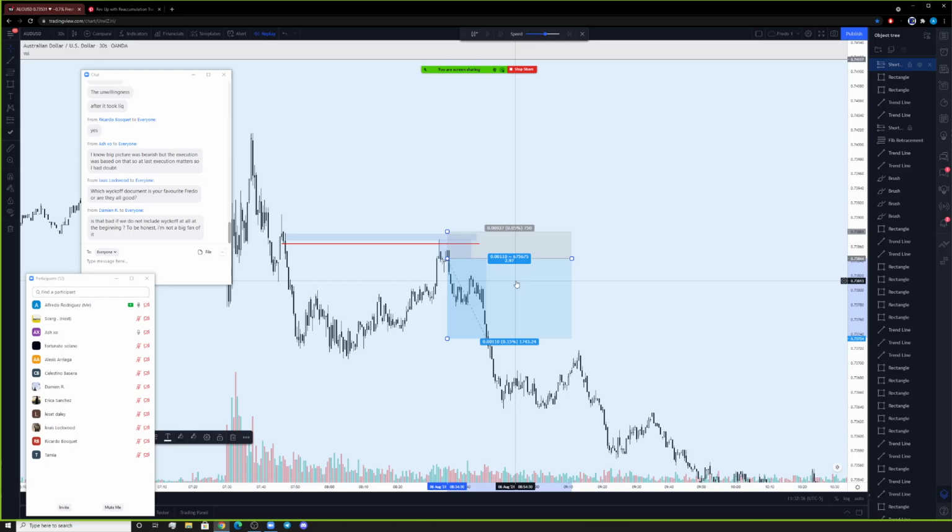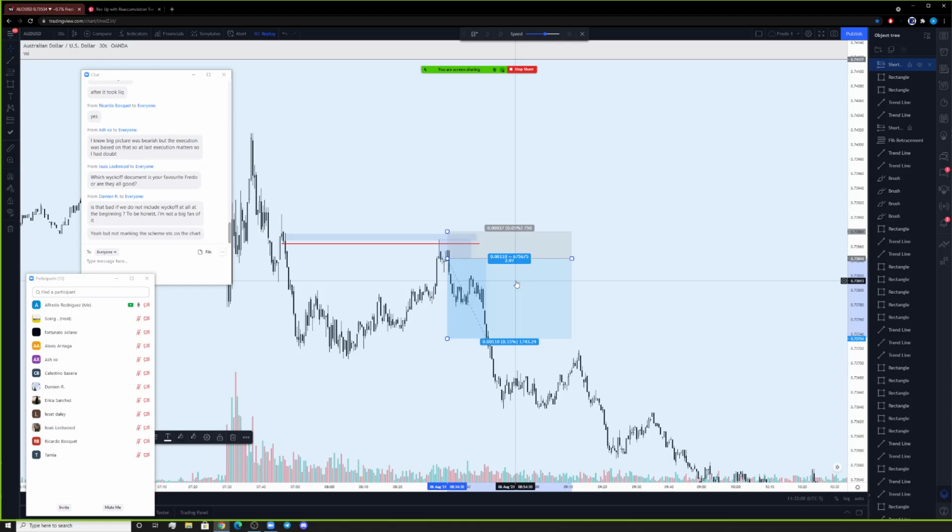But is it bad if we don't include Wyckoff at all in the beginning? Well, what do you mean by you don't include Wyckoff? You're trading Wyckoff regardless. You're studying ranges, you're studying effort, you're studying volume. And effort is volume, momentum, structure. That's why I don't teach you to put abbreviations of Wyckoff concepts or Wyckoff terms.